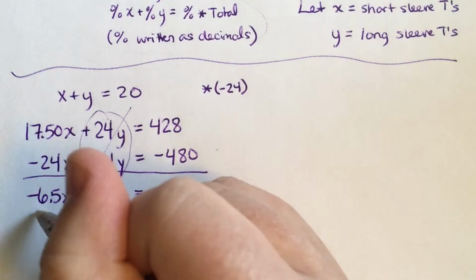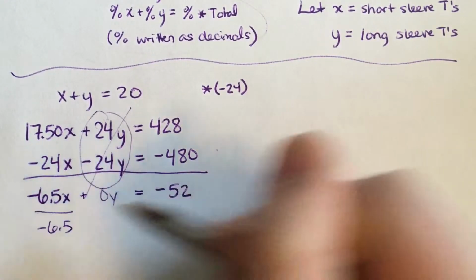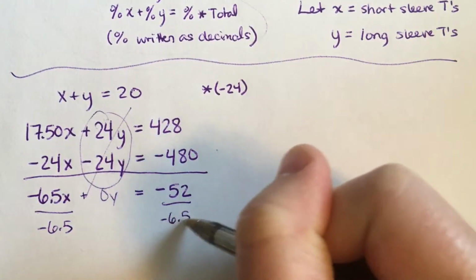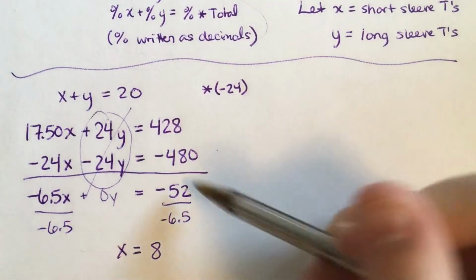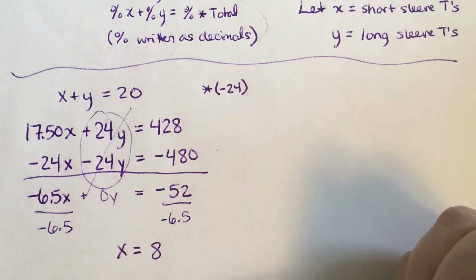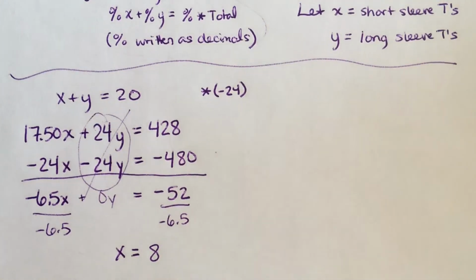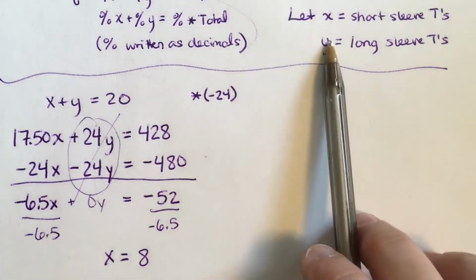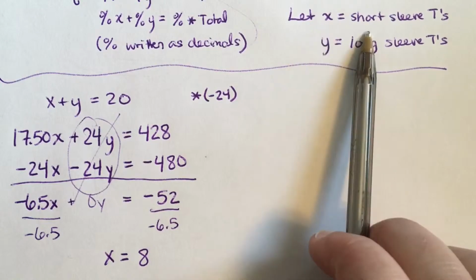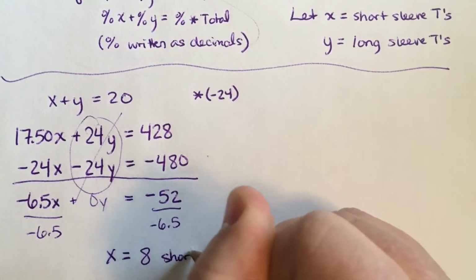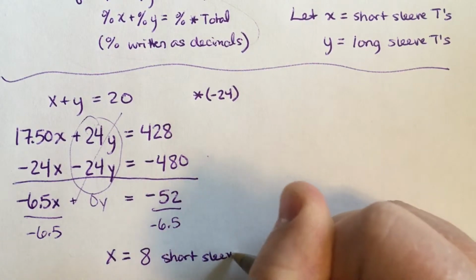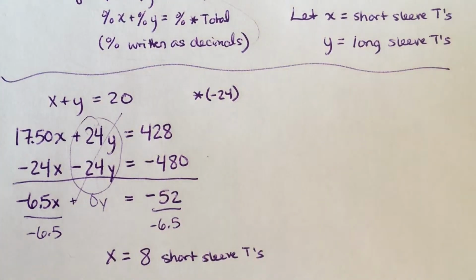So to solve for x, I'm just going to divide both sides by negative 6.5. And that gives me that x equals 8. You'd just put that in a calculator. So this is where writing down what our variables mean is really important. If I go up here, it says x is short sleeve t-shirts. So I know that there are 8 short sleeve t-shirts that were sold.